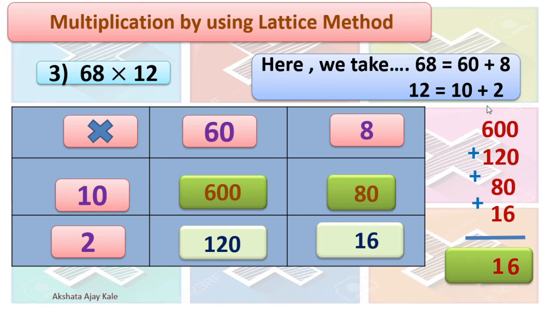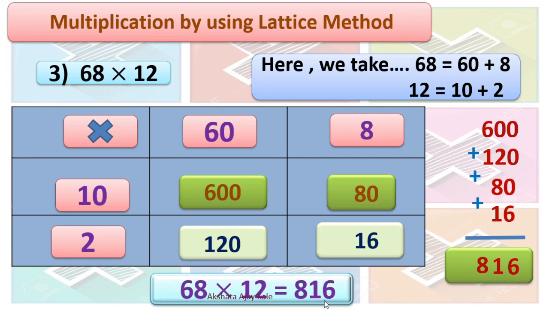That we have to remember. 1 plus 6, that is 7, plus 1, that is 8. 816. So what is the answer for this? 68 multiplied by 12 is equal to 816. Got this, children? I hope you understood.